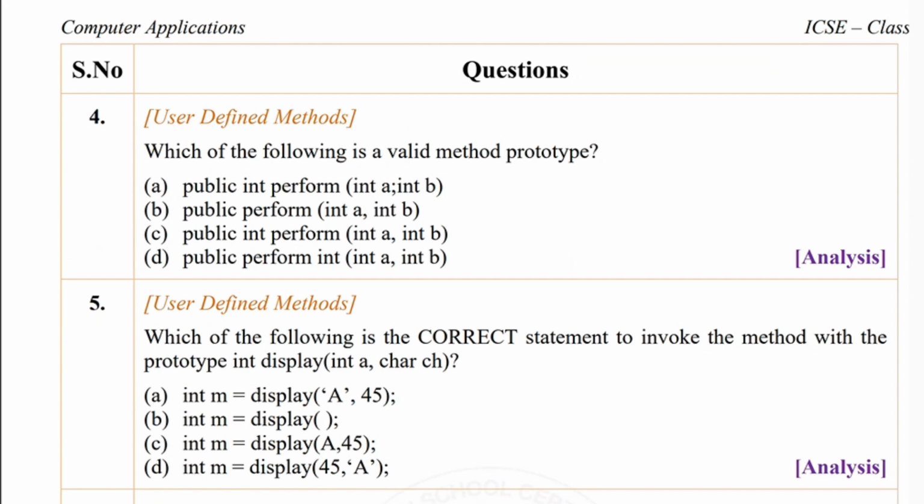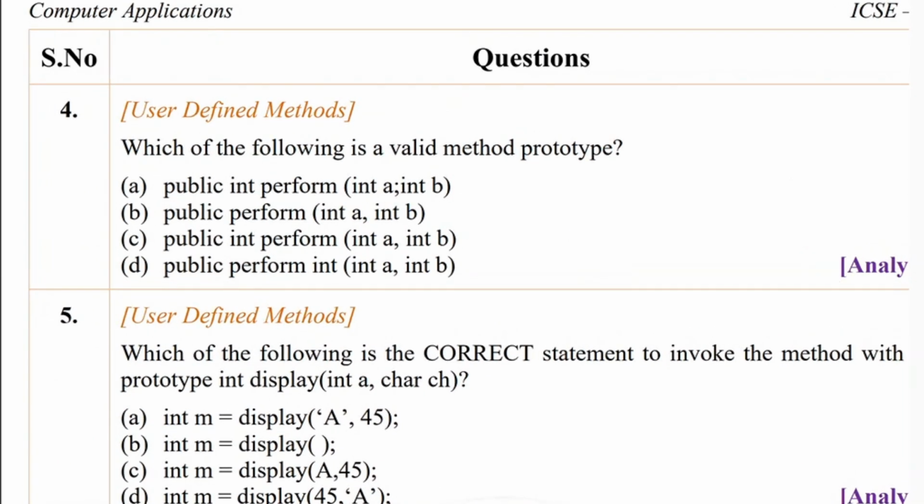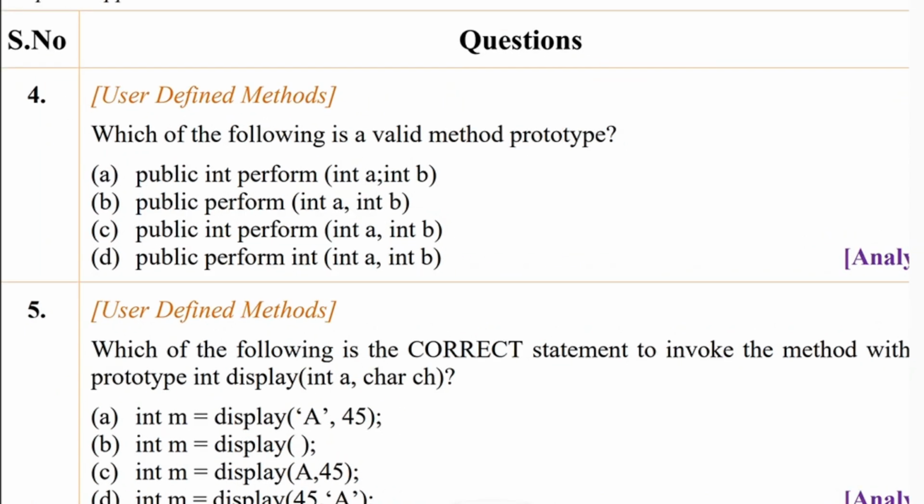Here public is your access specifier, then return type, then method name, then parameter list. This int is the return type, perform is the method name, and this is the parameter list. This is the valid method prototype. This is known as method prototype.